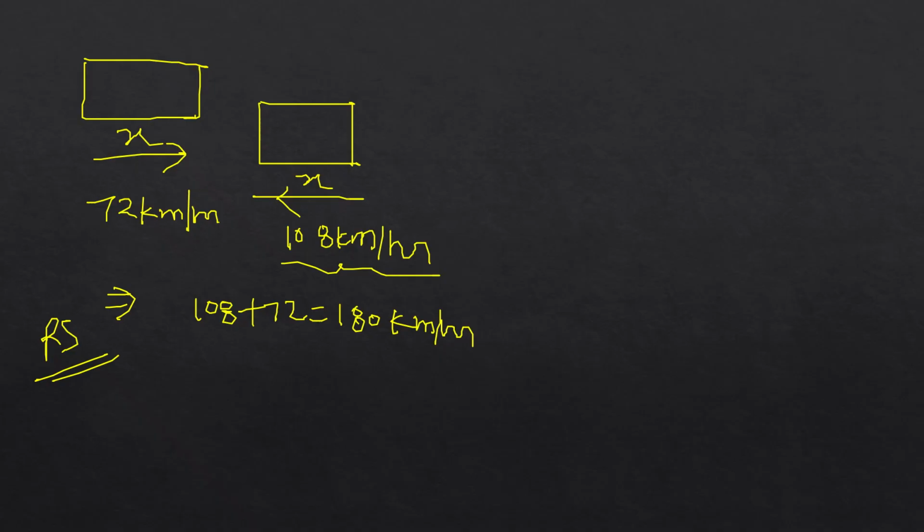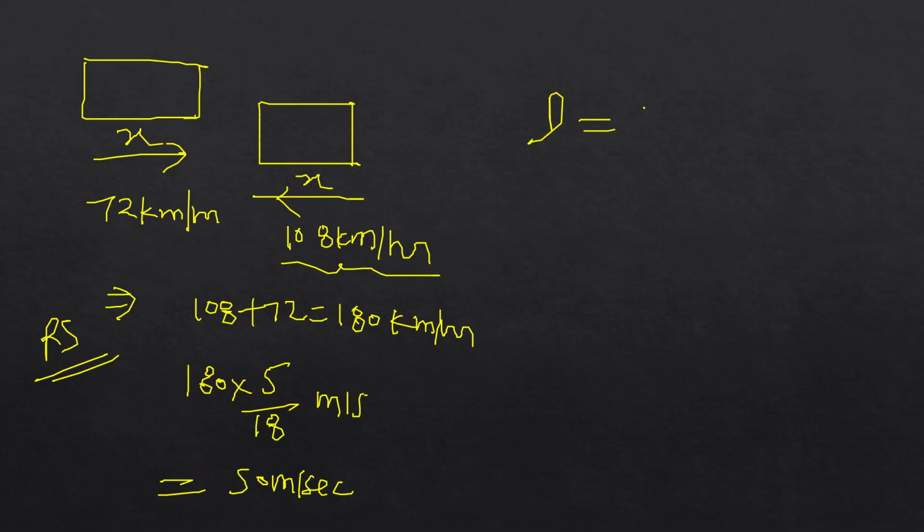Now we will convert into meter per second by multiplying by 5 by 18, so it will become 50 meter per second. Now the distance equal to speed into time. What will be the distance? x plus x, 2x.